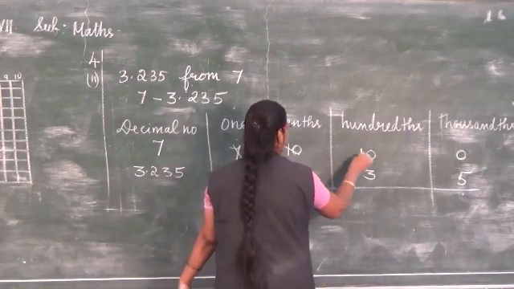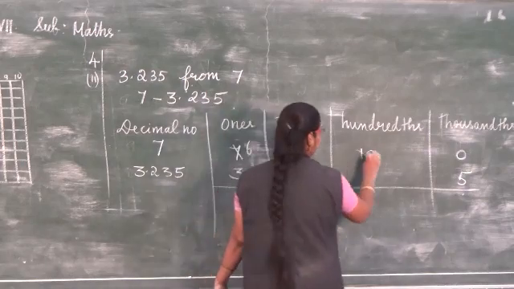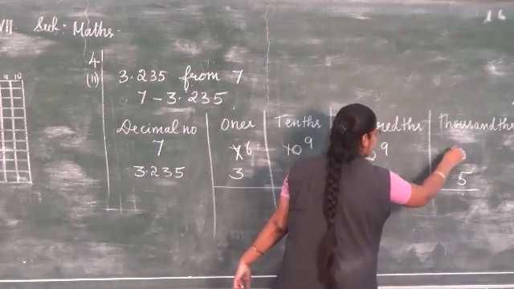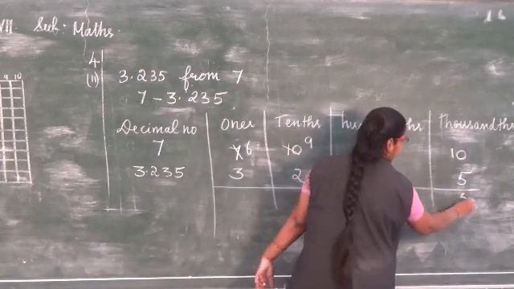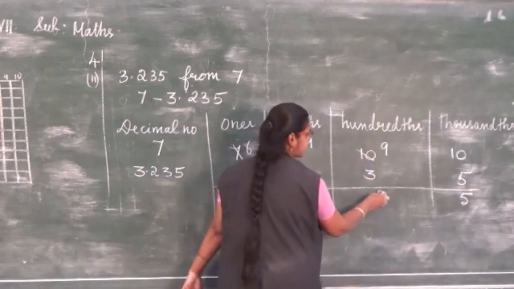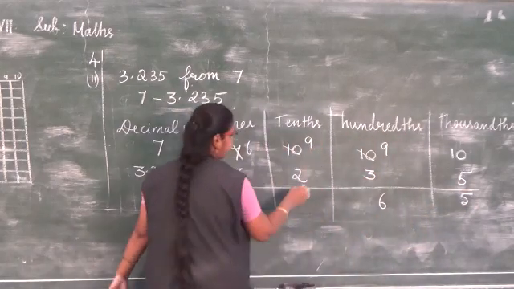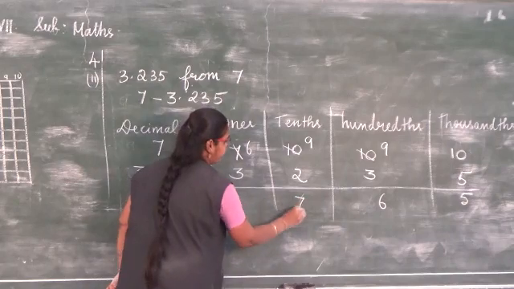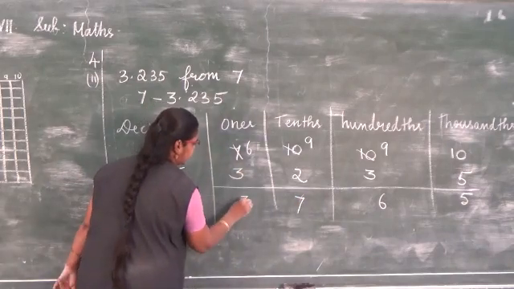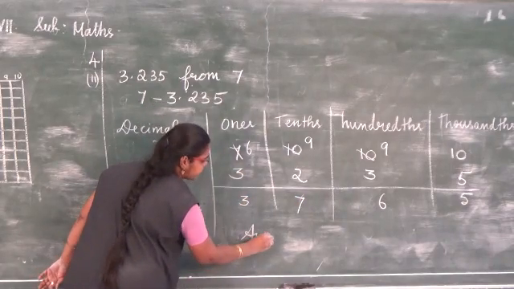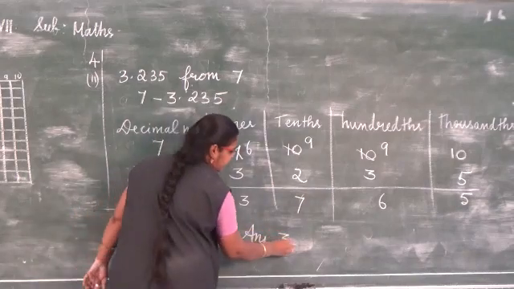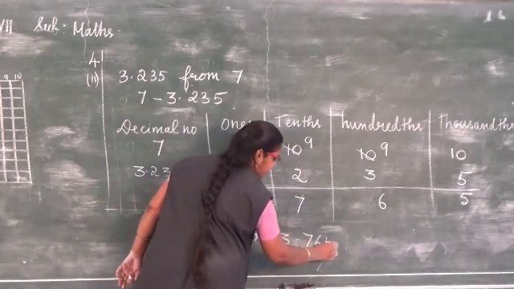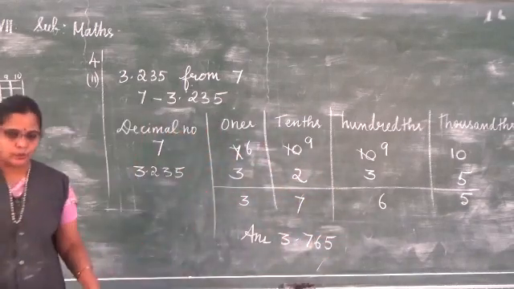So if you give 1 here, it will become 9. This is 9. This is 10. So 10 minus 5 is 5. 9 minus 3, 6. 9 minus 2, 7. 6 minus 3, 3. So the answer is 3.765.